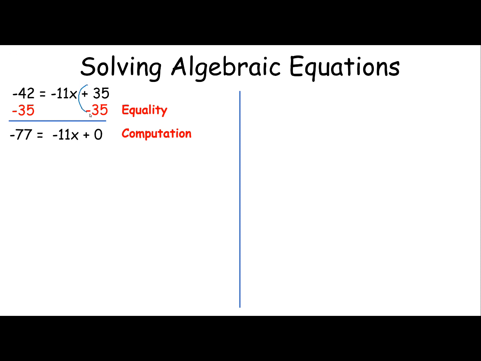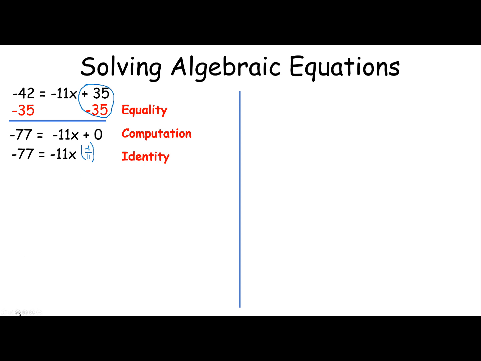I intentionally picked additive inverses to get the 0 because the identity property says that I don't need that plus 0 anymore. How do I get rid of a times -11? I can either multiply both sides by -1/11 because those are multiplicative inverses and will give me a 1.